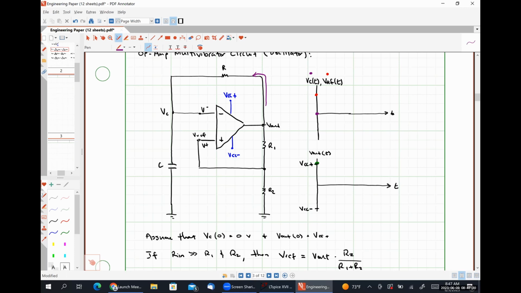R times C is the time constant for this thing, right? So what we're going to see is that our capacitor is going to charge up to a certain point, okay?